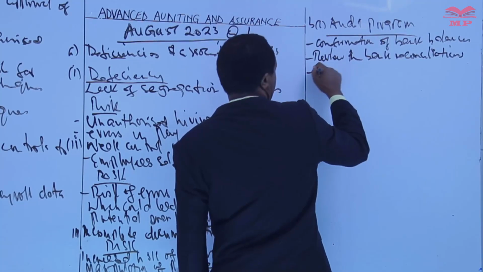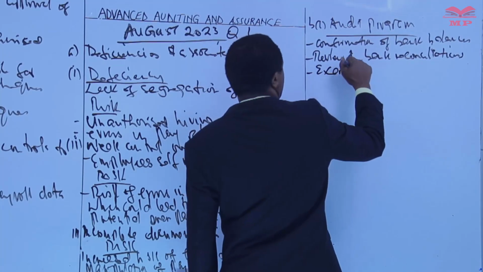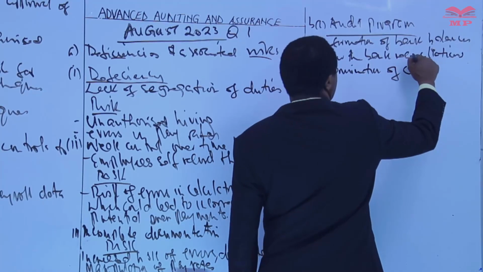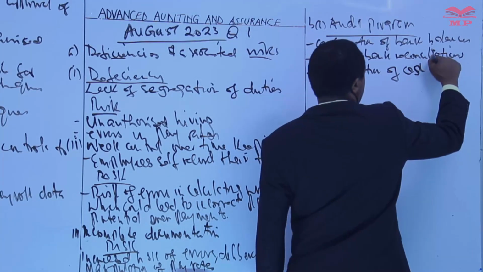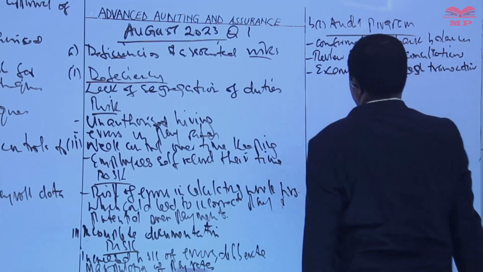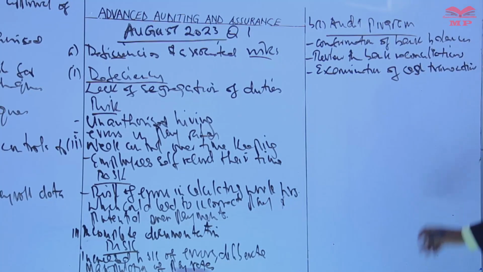Three. Examination of cash transactions. That is a procedure that can be done by the auditor to examine cash transactions.